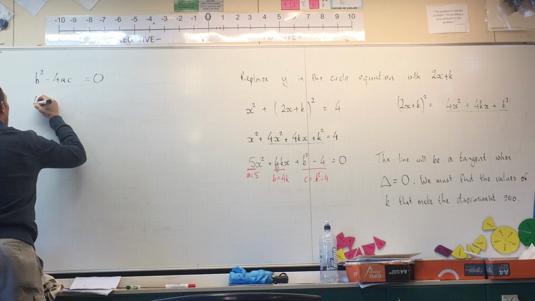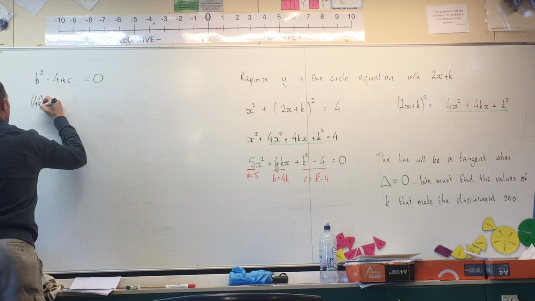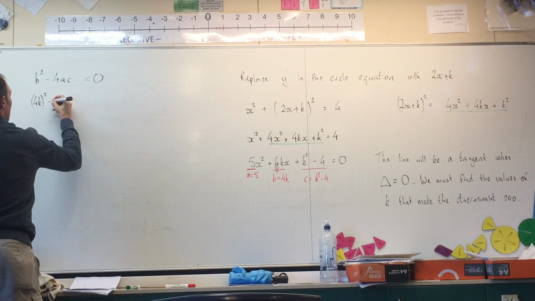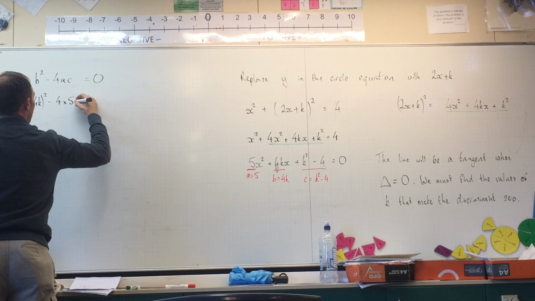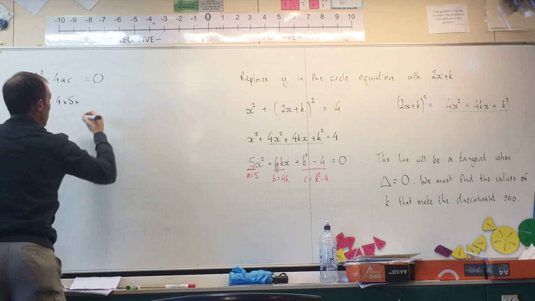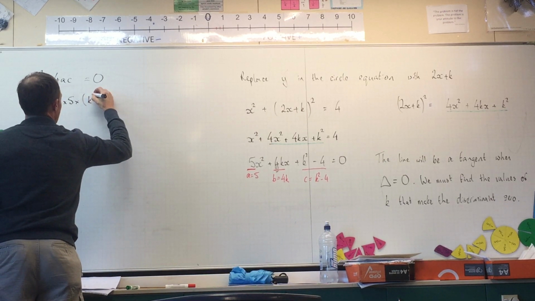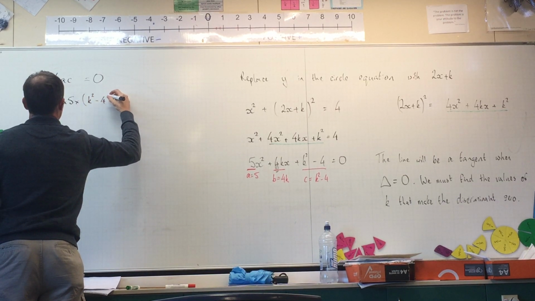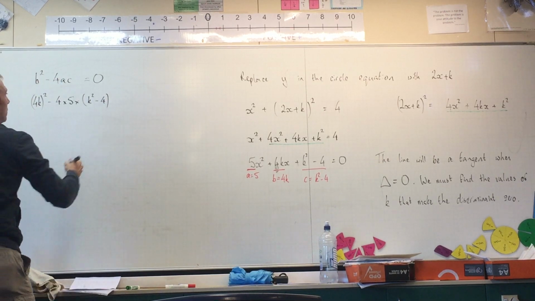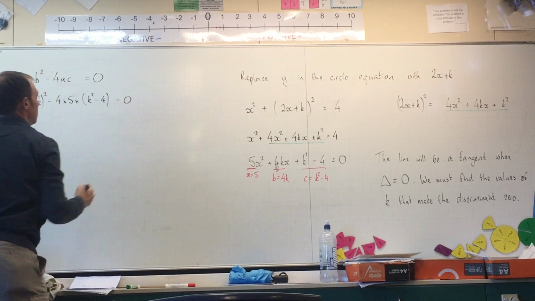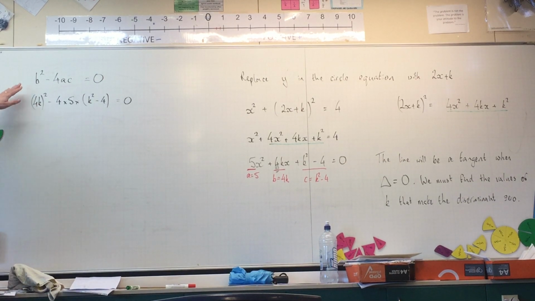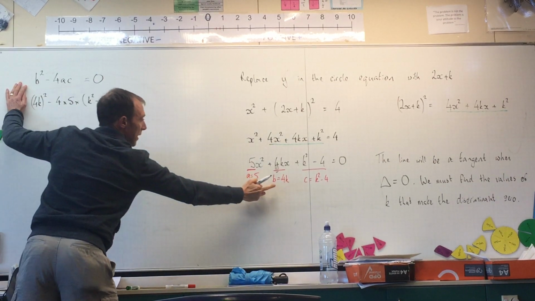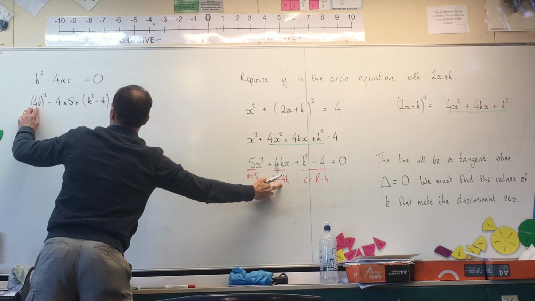So we've got 4k in brackets squared minus 4 times 5 times bracket k squared minus 4. I need that equal to 0. So all I've done here is take my b value, which is 4k, substituted in.